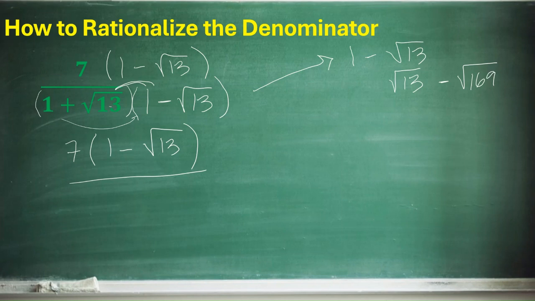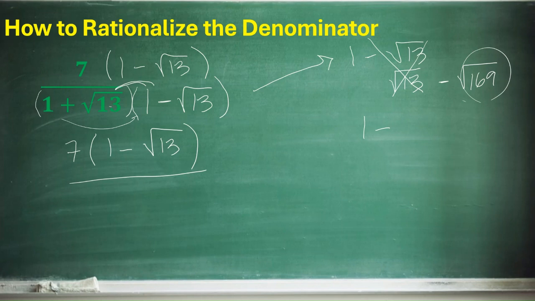What always happens when you multiply a binomial by its conjugate is that the middle terms always cancel out. This is like the difference of squares if you've done that before. So we end up with 1 minus, well, we just multiplied root 13 by root 13 to get root 169.